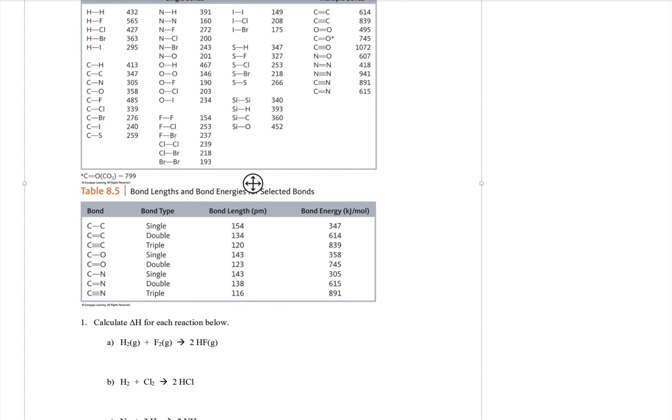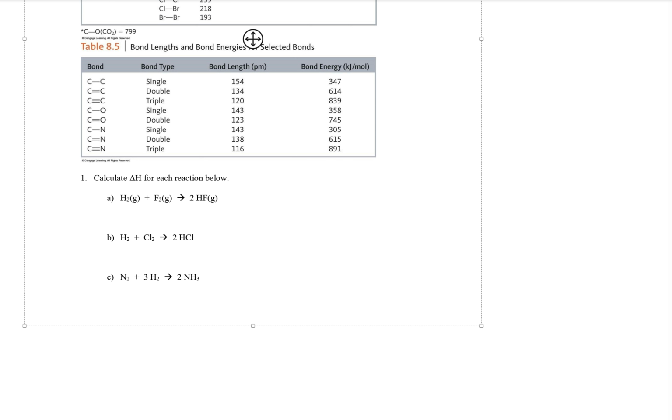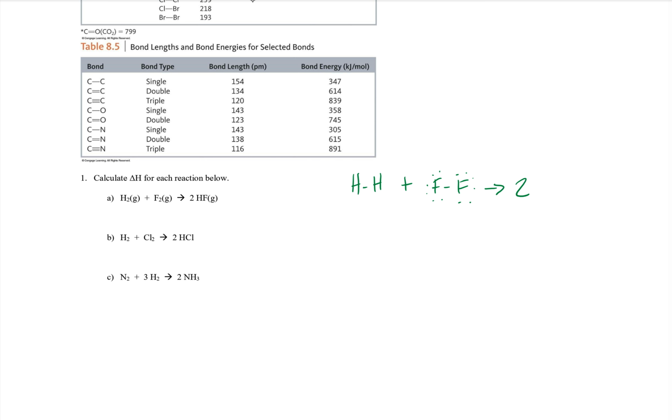So number one, I calculate delta H for hydrogen plus fluorine yields hydrofluoric acid. First thing I need to do is draw a Lewis structure to see what bonds are broken and what bonds are formed. So real quickly, I would draw hydrogen, fluorine yields 2 HF.